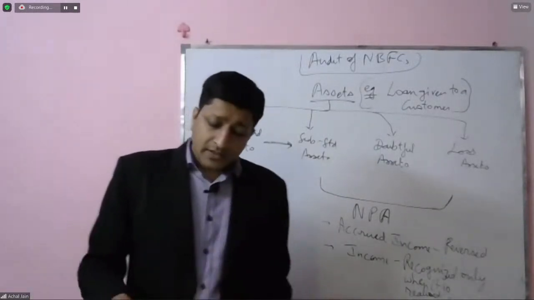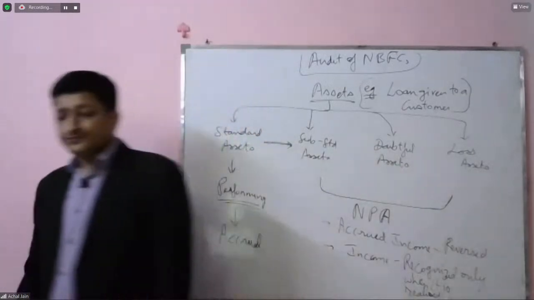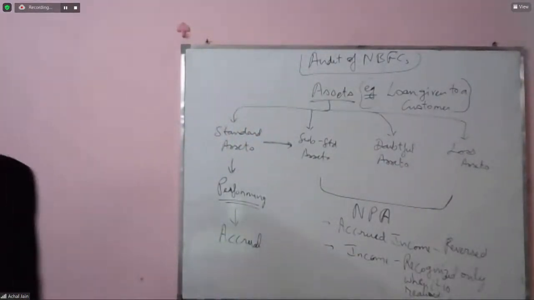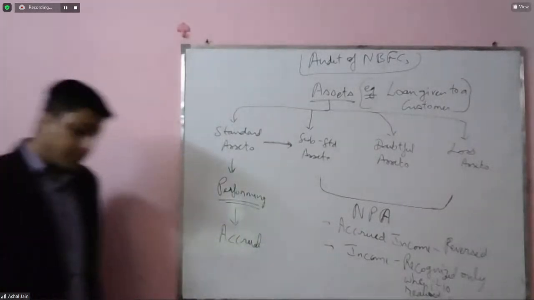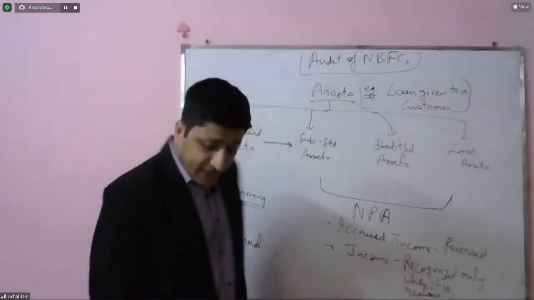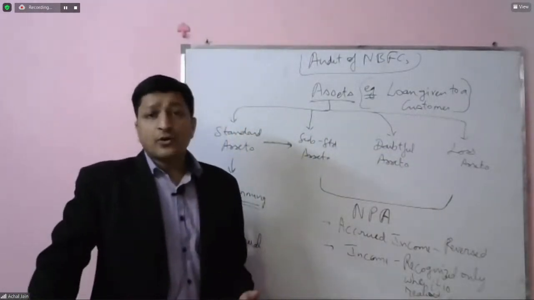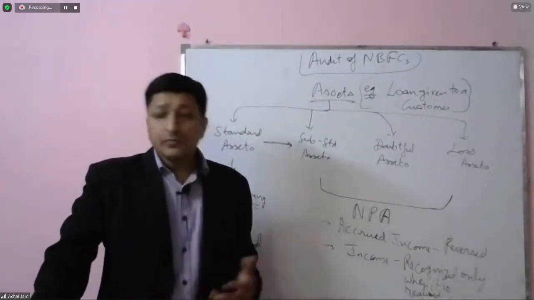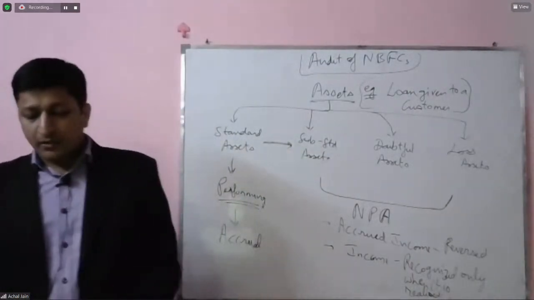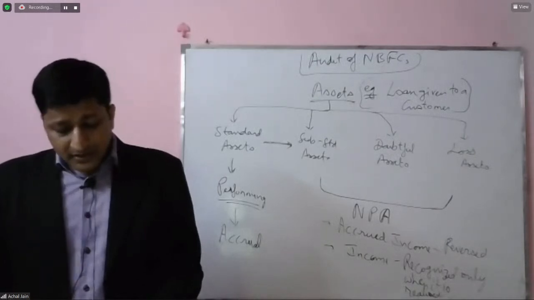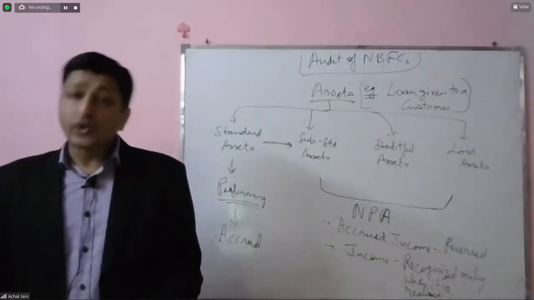Please remember that as an auditor, we are also required to ensure all of these regulations are in place. All of these criteria are getting fulfilled. And that's why, as an auditor, for any procedure to be performed in respect of all of these requirements, it's very, very important that the requirements are thoroughly understood.